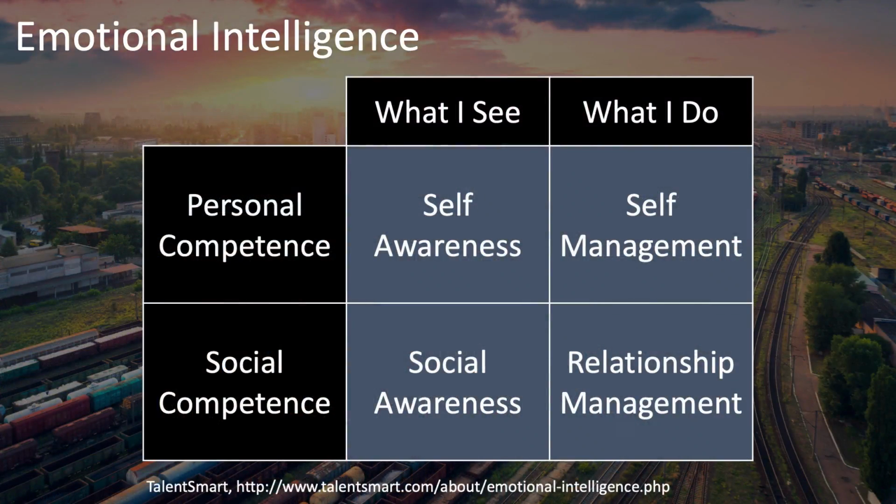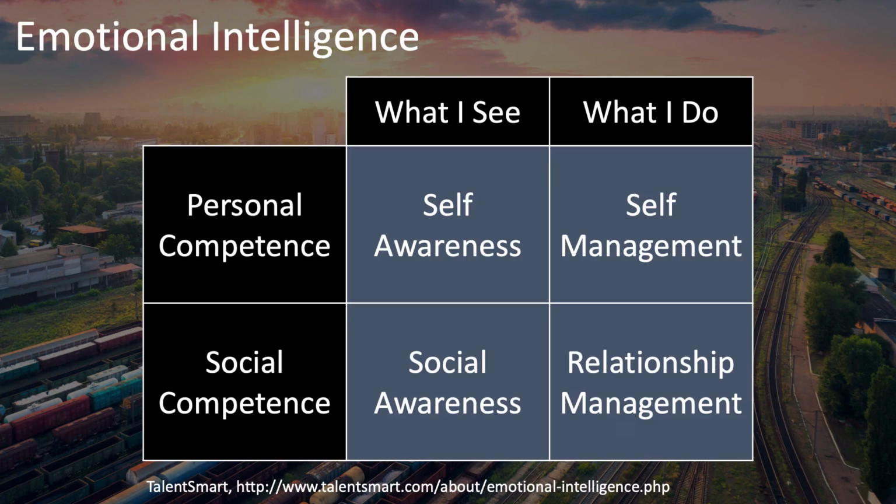In Emotional Intelligence 2.0, emotional intelligence is organized in this grid, which categorizes emotional intelligence across a couple of dimensions: personal competence and social competence. Personal competence focuses more on you and your ability to be aware of your emotions and manage your behavior and tendencies. And it in turn is organized into self-awareness and self-management.